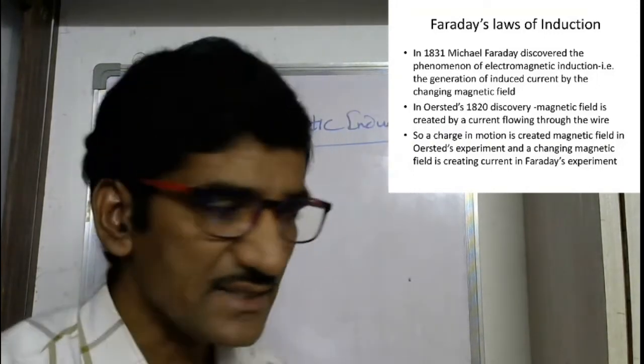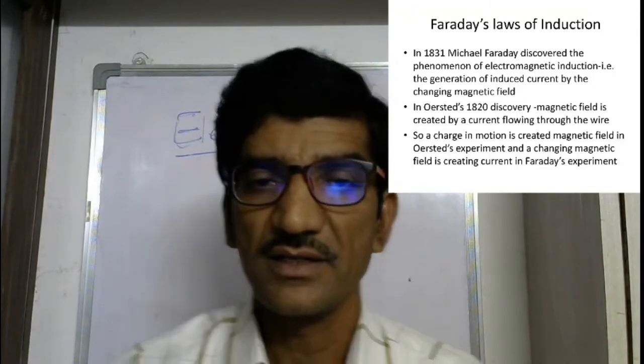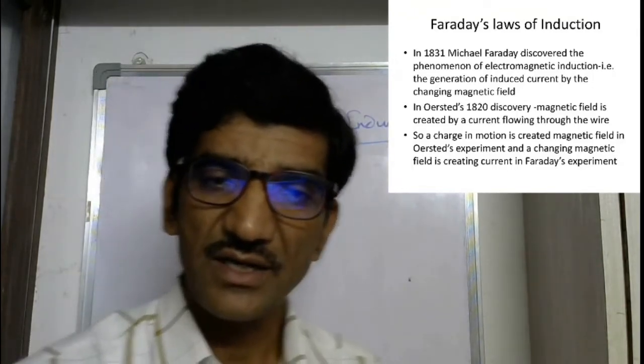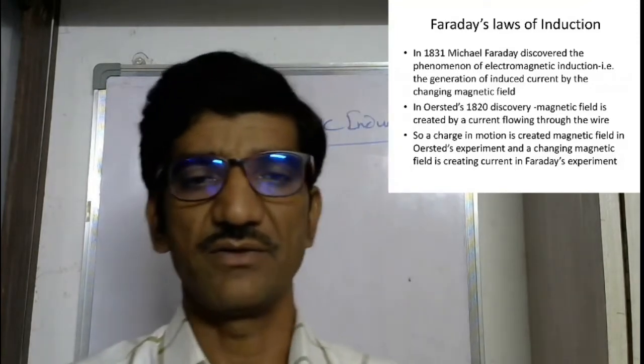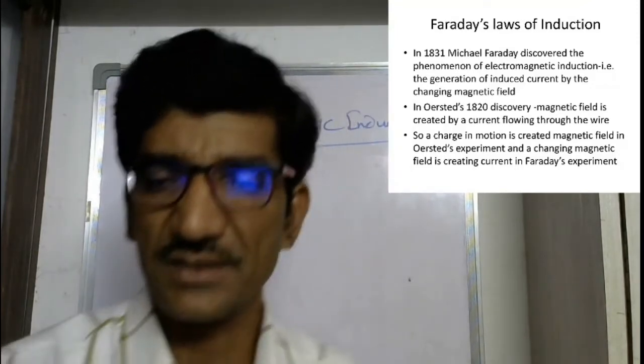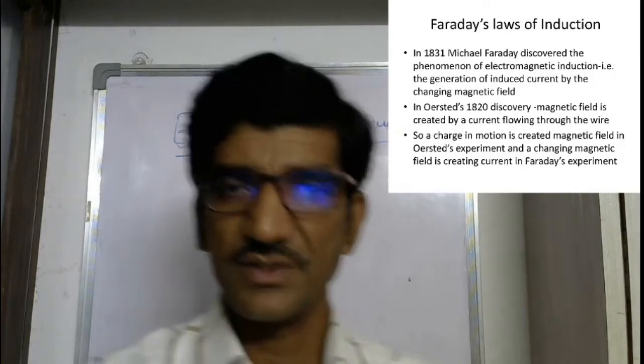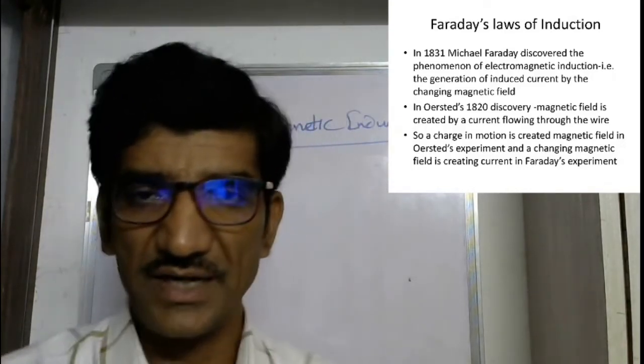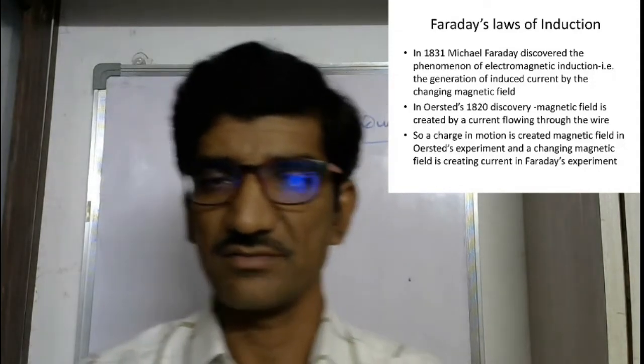In Faraday's discovery, the magnetic field is creating the current. In Oersted's discovery, current is creating the magnetic field. We have to note this difference before going to study Faraday's law or Faraday's laws of induction.